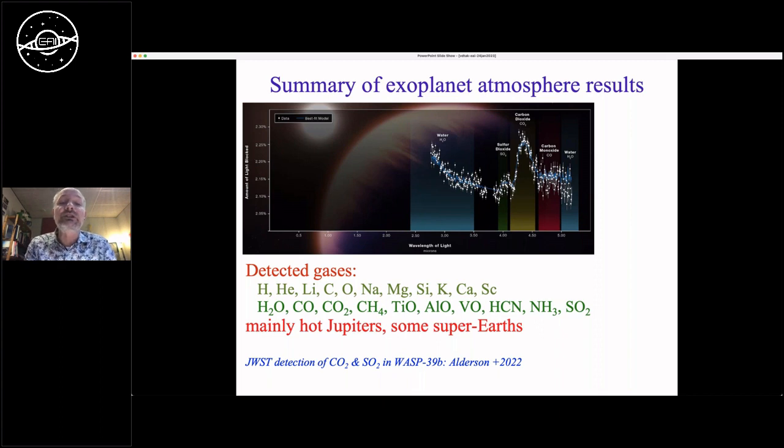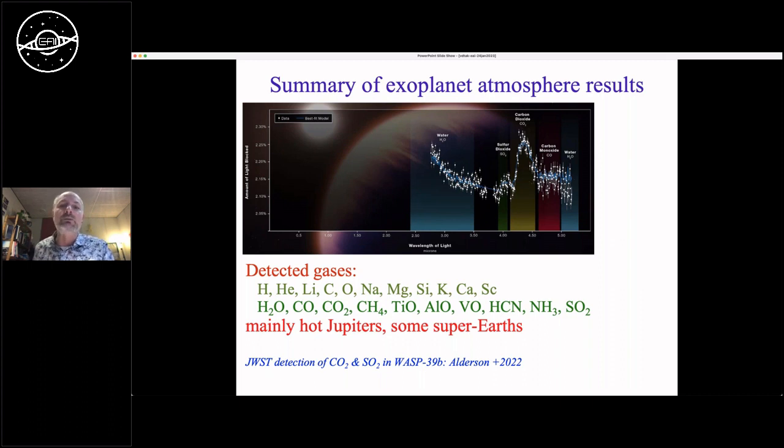James Webb telescope is actually doing its best to also advance our understanding of exoplanetary atmospheres. Here's a nice recent example of the planet called WASP-39b. This is an infrared transit spectrum, and you see here signals due to water and carbon monoxide.